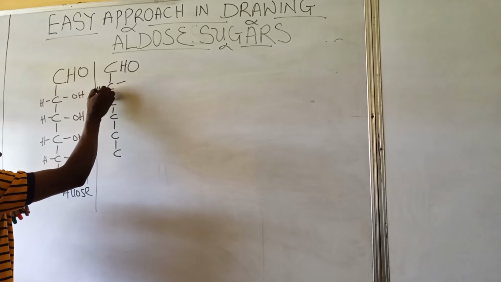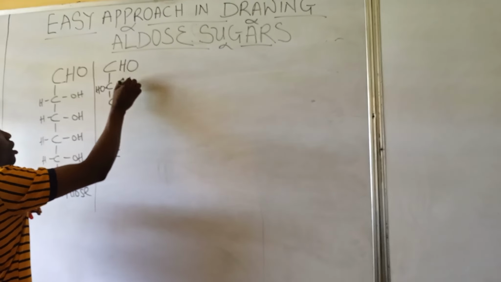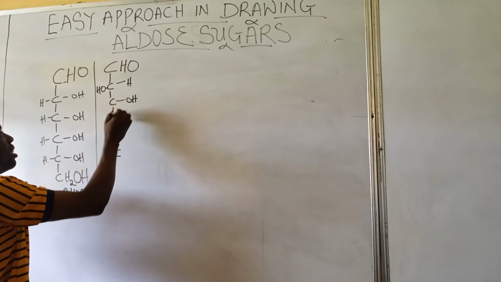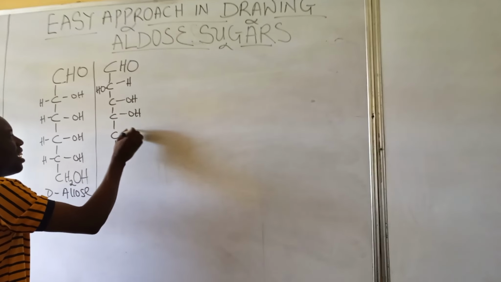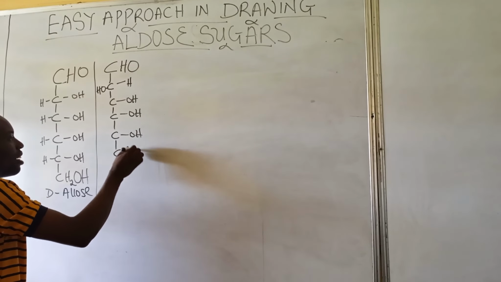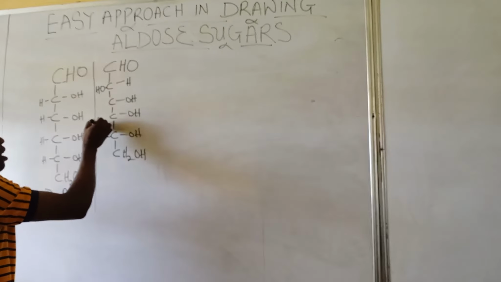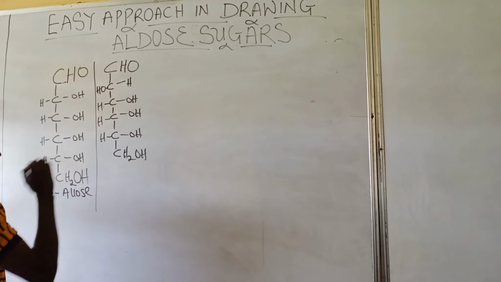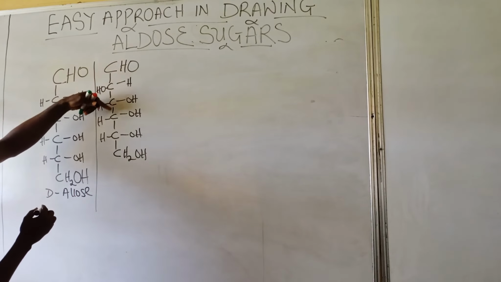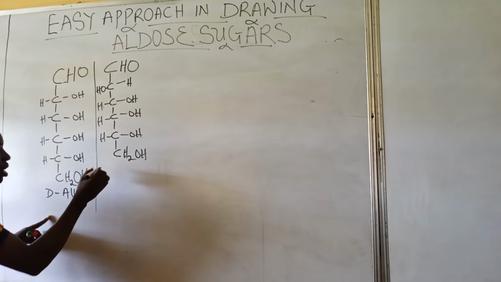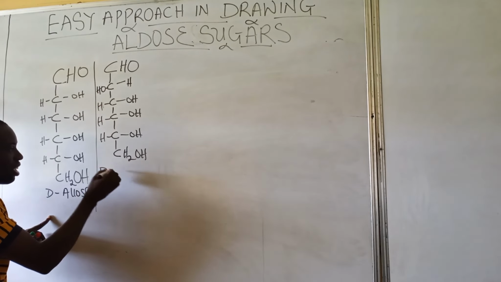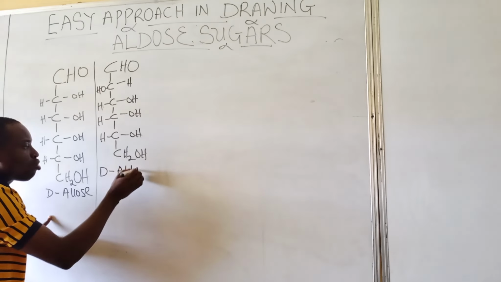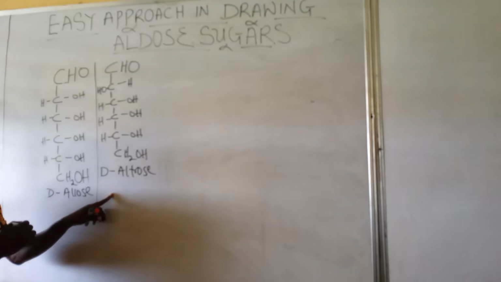So we're having HO here, we're having H here, then every other thing remains intact. So that's 1, 2, 3, 4, 5, 6. This is what we call D-altrose.